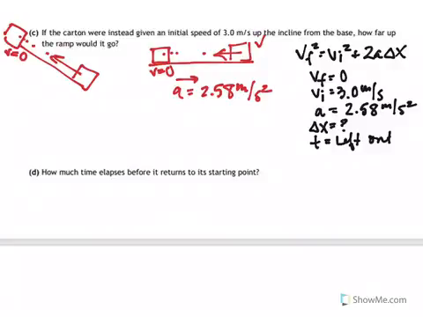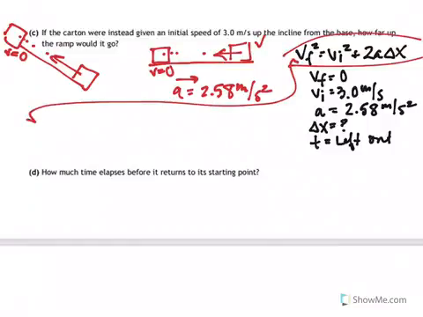So when I do my algebra, rearranging this equation, I've got that the displacement of my object is going to be final velocity squared minus initial velocity squared, divided by 2 times my acceleration. At this point, I'm just going to plug in values.